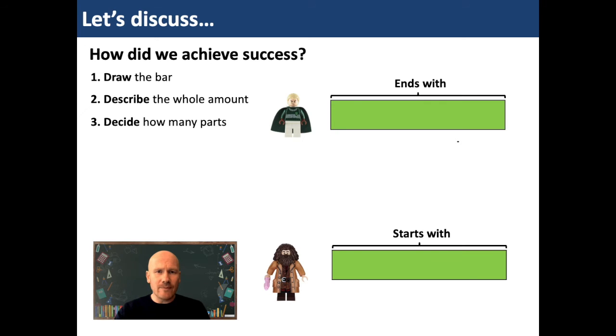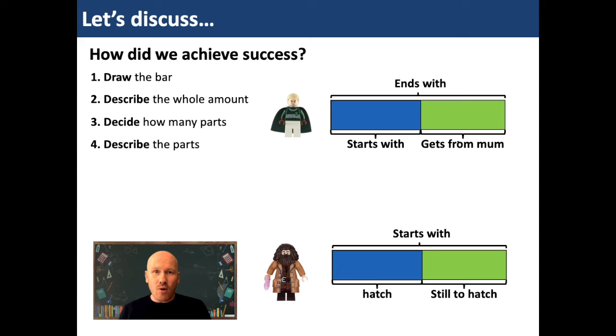Once we've done that, we decide how many parts we're going to split the bar into. Now for each of those, we were splitting those bars into two parts. For Draco, one part was how many sweets he started with, and one part was how many sweets he got from his mum. And for Hagrid, one part was how many of those dragon eggs hatched, and the other part was how many was still to hatch.